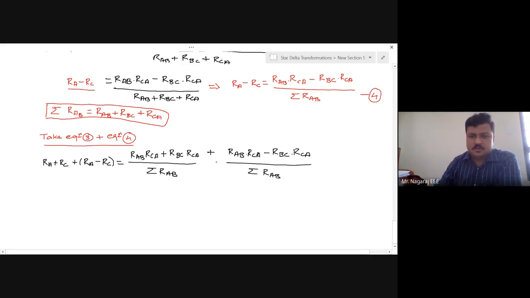Okay. So it is the addition of two terms. LCM is same. So with this, I can write this as equals to, on the LHS, minus RC and plus RC will cancel.